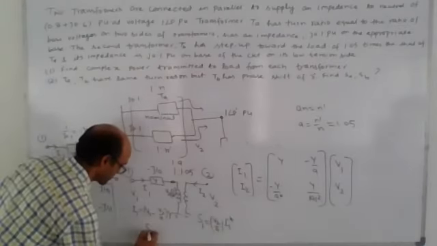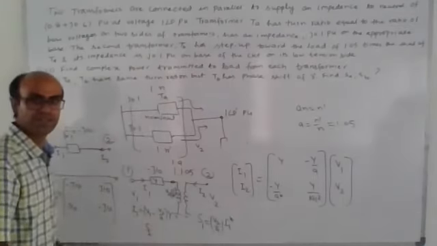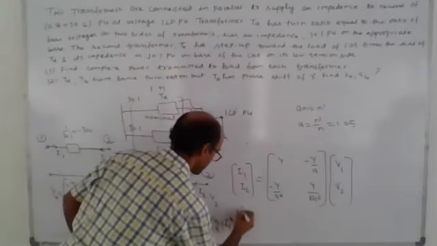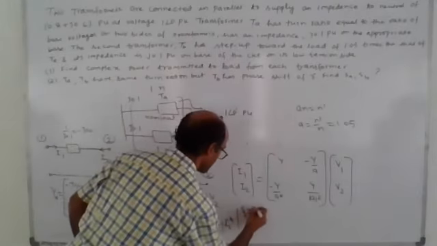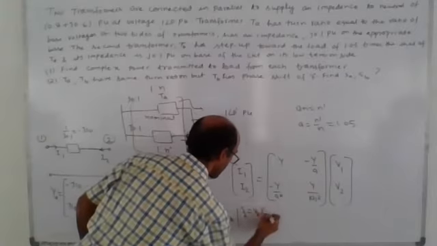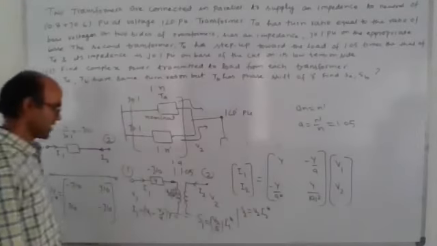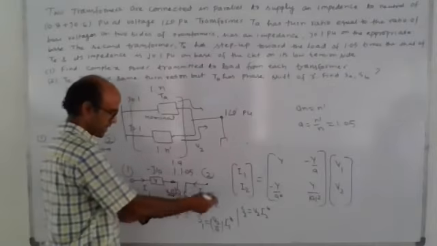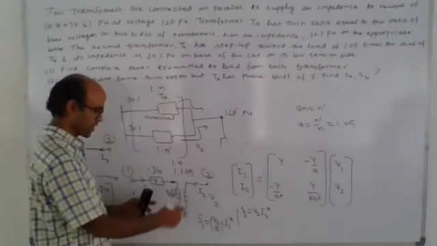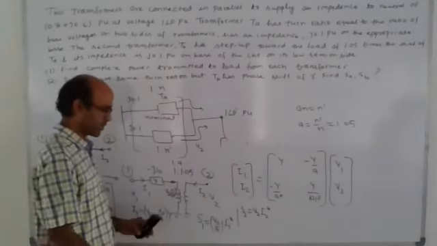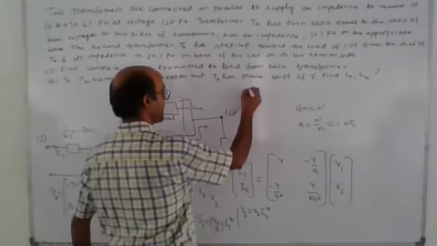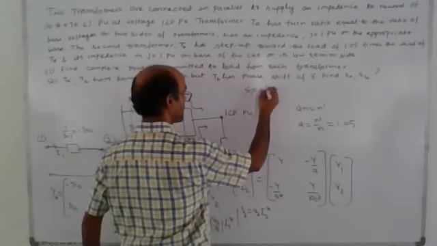S2 is V2 into I2 conjugate. Since these two powers are the same, but this power is coming and this power is also coming, the total sum is 0. Or we can say S1 equals minus S2.